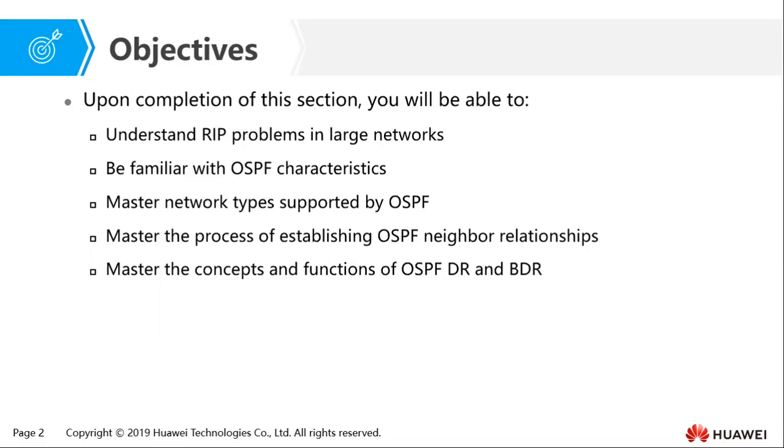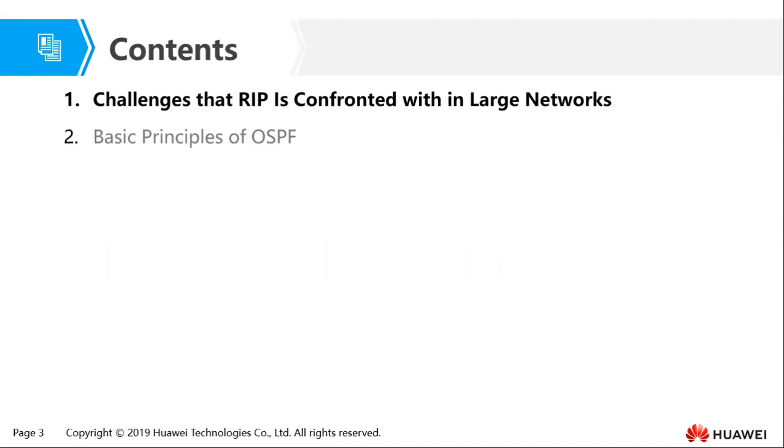Three, master network types supported by OSPF. Four, master the process of establishing OSPF neighbor relationships. Five, master the concepts and functions of OSPF DR and BDR. Very well. Okay, so the very first thing we're going to look at is challenges that RIP is confronted with in large networks.